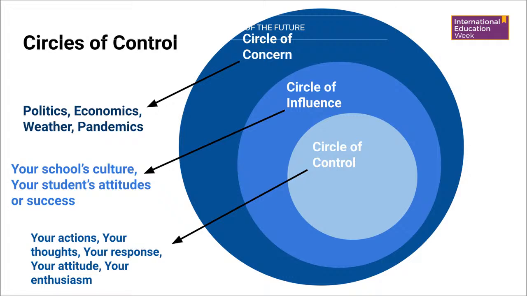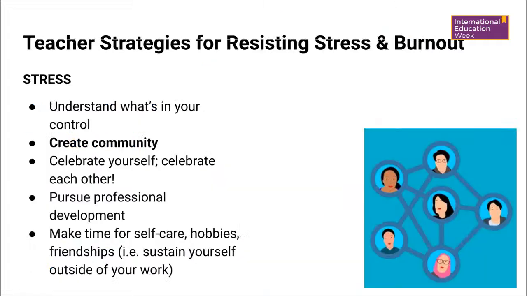But the circle of control is where we have the ability to take action and affect our own stress, right? We can choose our response, we can choose our attitude, and really change our stress levels. And looking at where we see stress in our life is essential for preventing burnout and developing resilience.